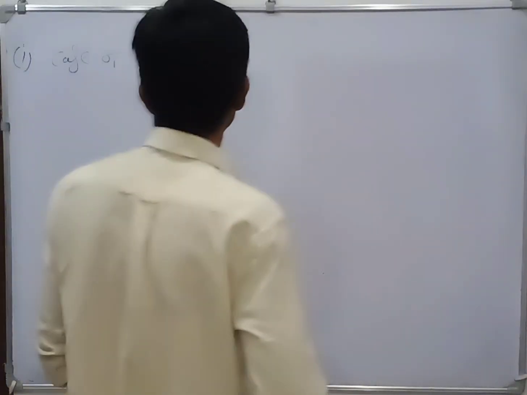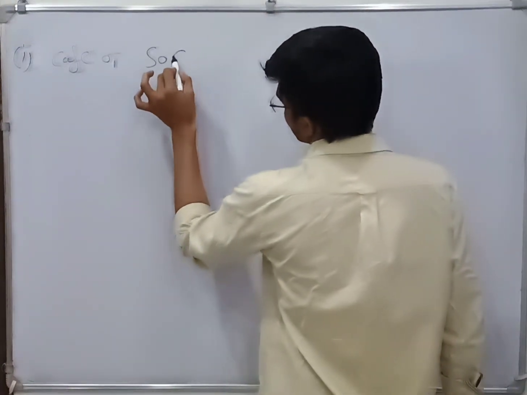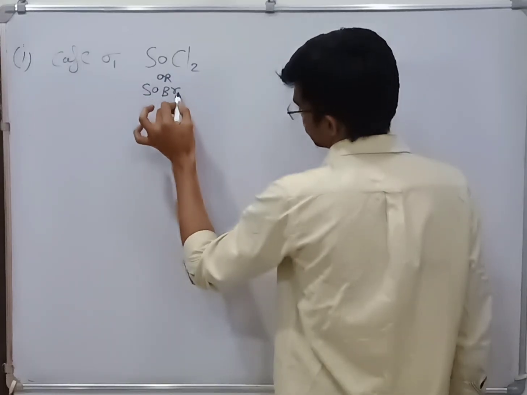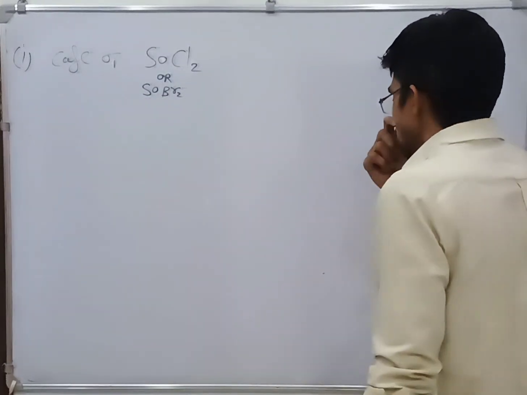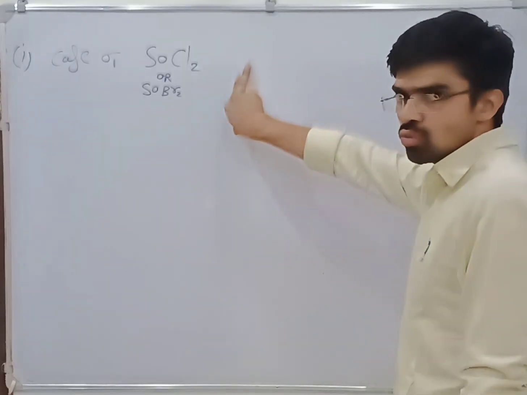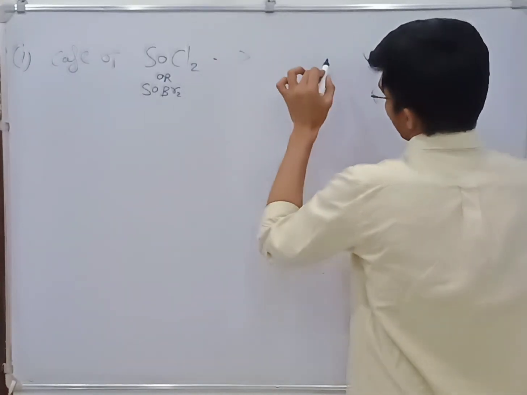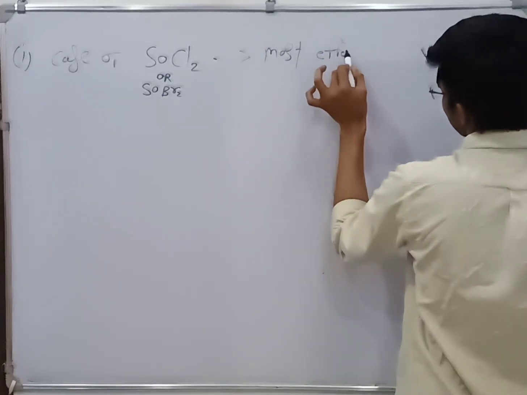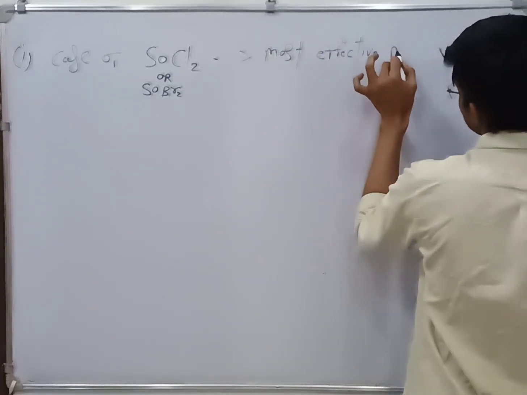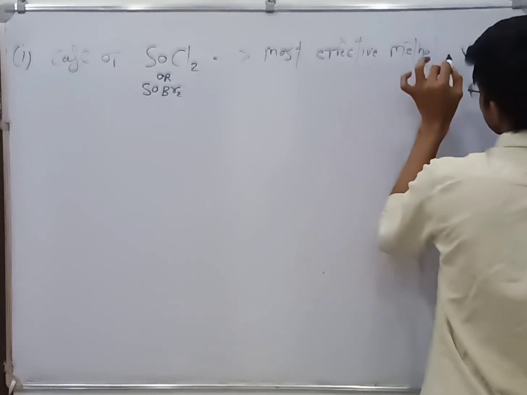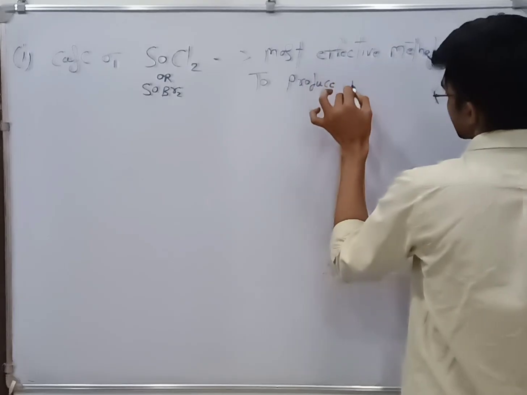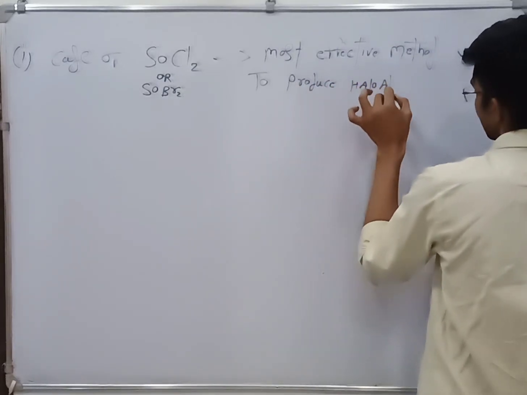Okay. Third method is the case of thionyl chloride, that is SOCl2, or thionyl bromide, SOBr2. See, this is called the most effective method to produce haloalkanes.